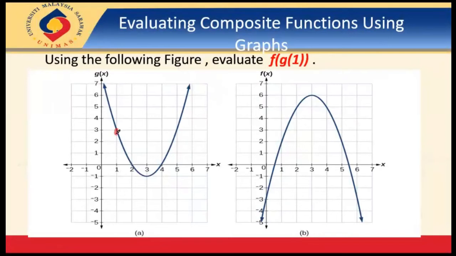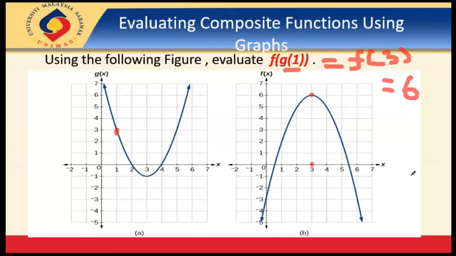Yes. So g of 1 will return 3, and it will become f of 3. We know f of 3 is this one, so it is 6. So the final output is 6.